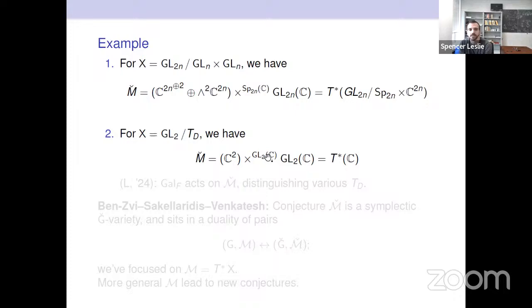Like I said previously, the dual group is just GL2 itself, and the representation is this standard. And so when you contract that, you're simply quotienting out by the action of the GL2, and you have the single copy of C2, which we might as well view as the cotangent bundle of C.